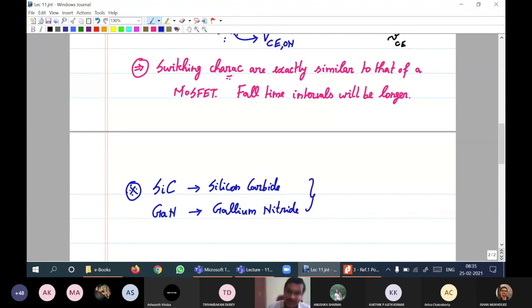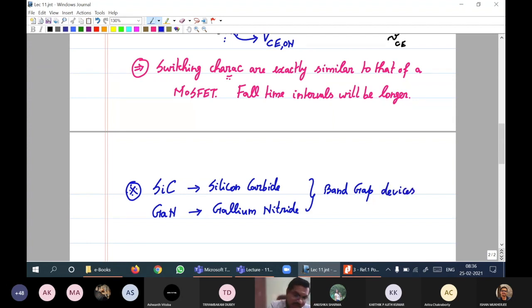These two things are called band gap devices.